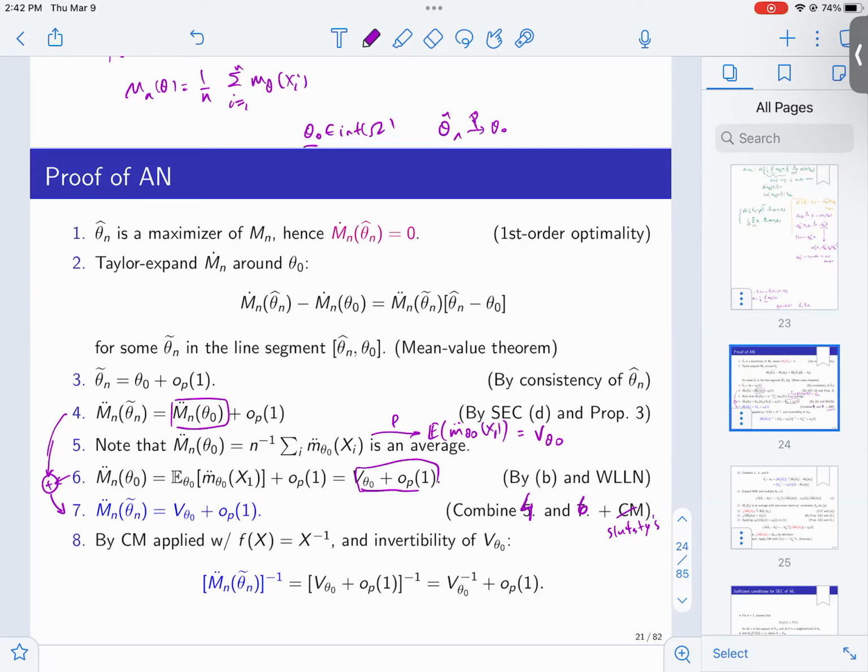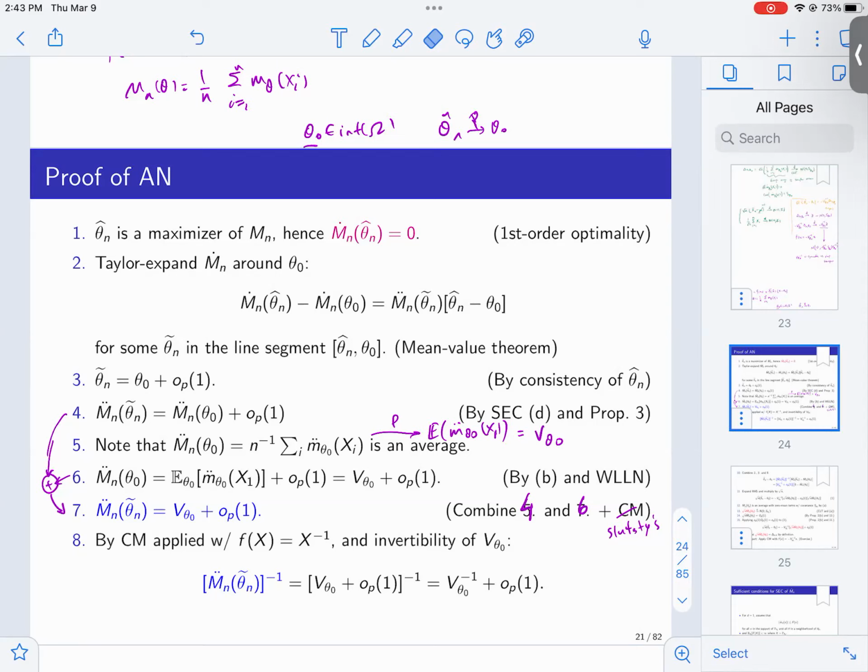We know that OP of 1 plus OP of 1 is little OP of 1. You can see this calculus helps you avoid writing a lot of unnecessary symbols. I could have called this something and then something else and carried these, but you don't have to. If you follow the rules, you end up with that statement. This is really good because this very random quantity is now something constant plus something which is zero in probability.